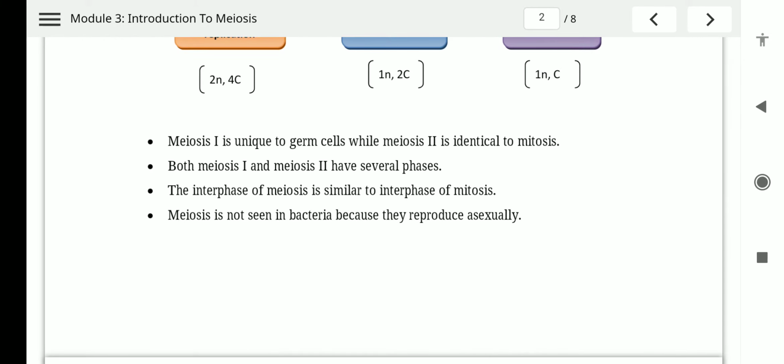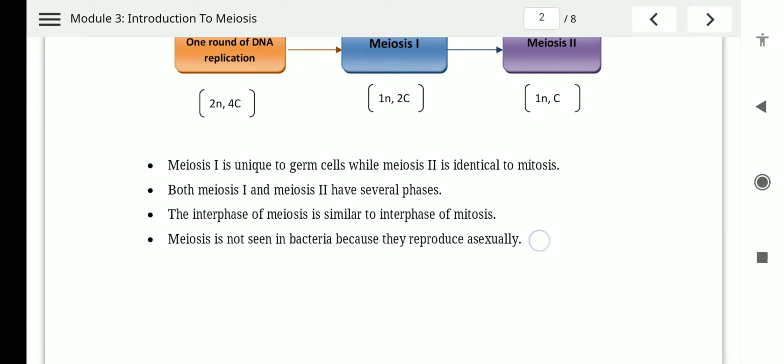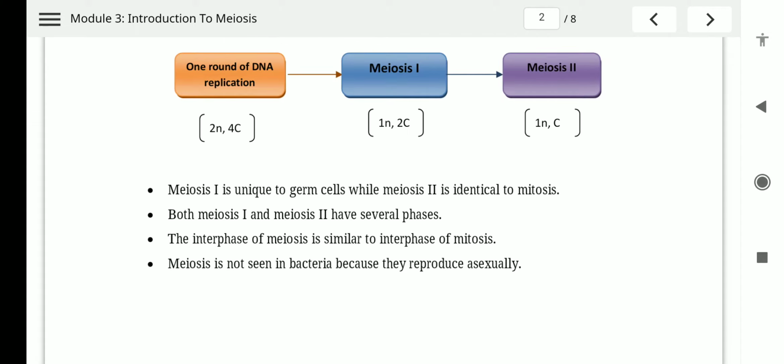Meiosis 1 is very unique to germ cells, while meiosis 2 is identical to mitosis. So, the meiosis 1 process is unique to germ cells, while meiosis 2 is actually a mitosis division. Both meiosis 1 and meiosis 2 have several phases: prophase, metaphase, anaphase, which we are coming to. The interphase of meiosis is similar to the interphase of mitosis also.